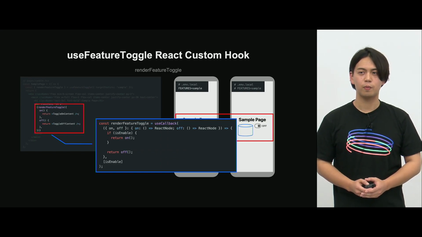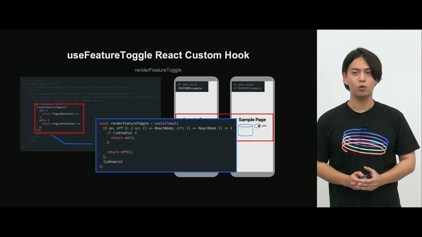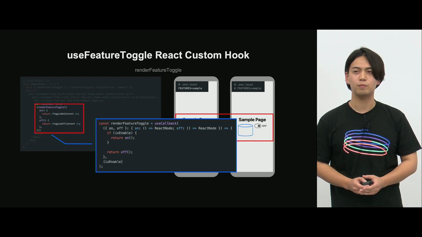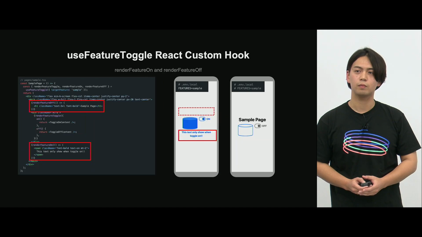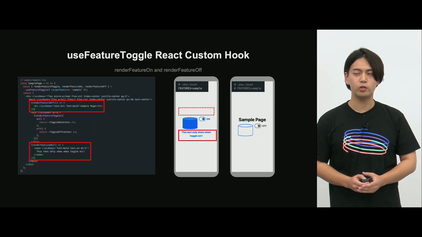The internal implementation is very simple. When isEnabled is true, the on element is displayed, and when it's false, the element should be the off element. Next, the renderFeatureOn and the renderFeatureOff functions.